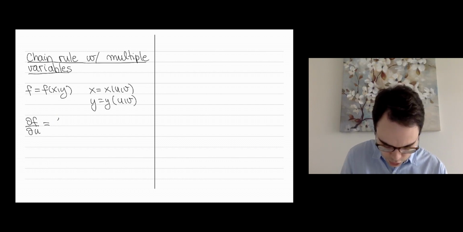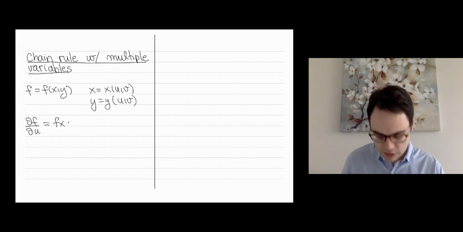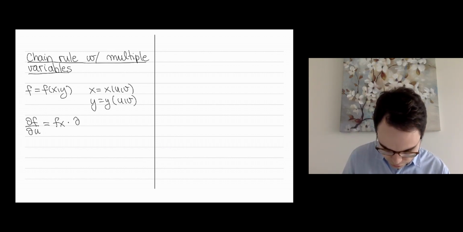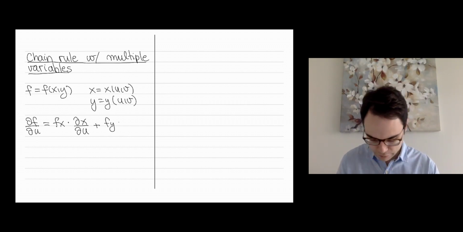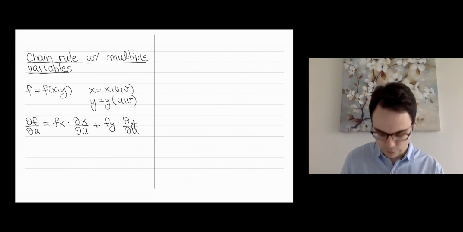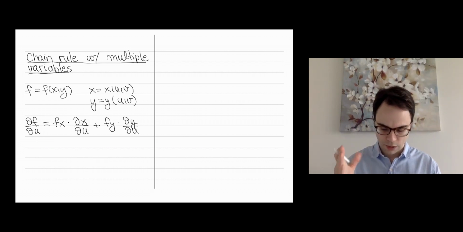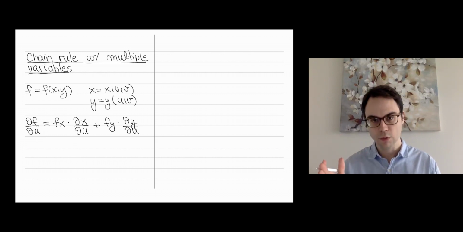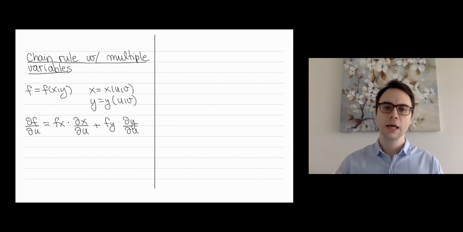According to the chain rule, you get the x partial times the derivative of x with respect to u with v fixed, denoted by the curly derivative, ∂x/∂u, plus the y partial of f times ∂y/∂u, for the same reason. We're fixing the variable v and taking a derivative of y with respect to the other one.